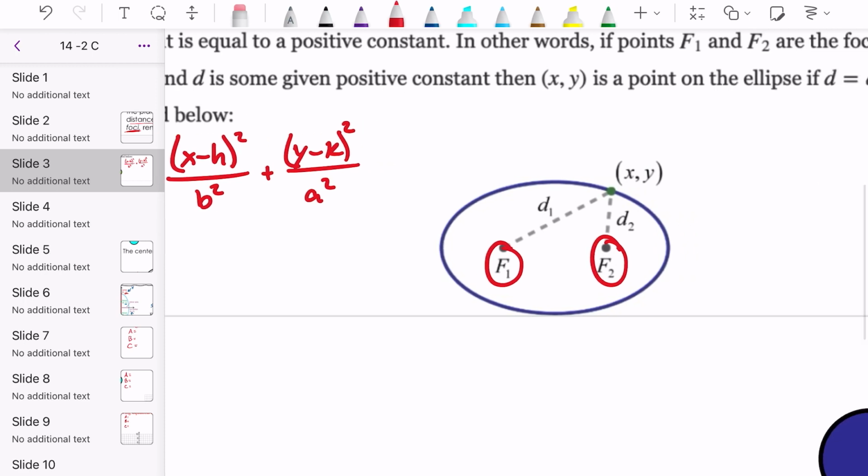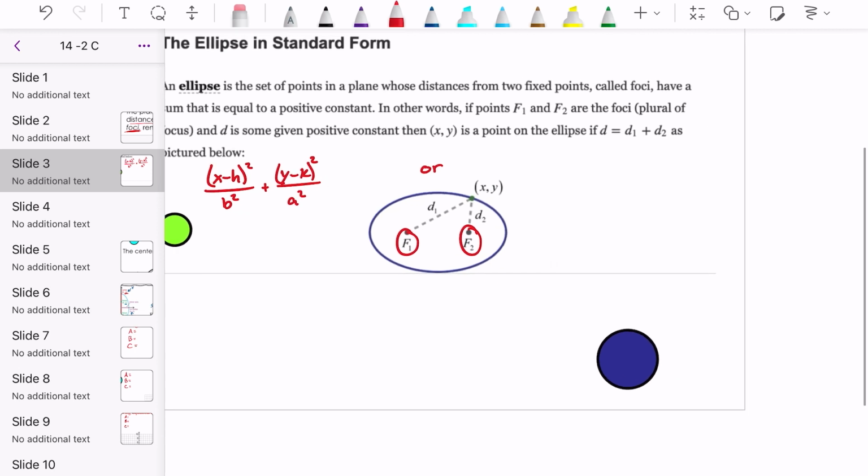You would see it that way, or you would see x minus h squared over a squared plus y minus k squared over b squared.